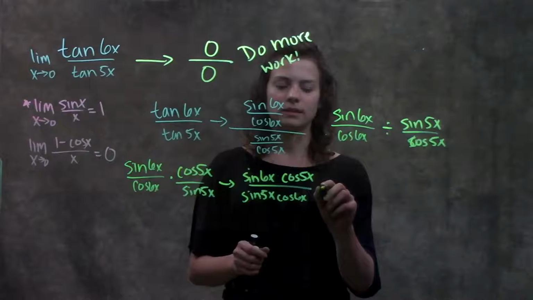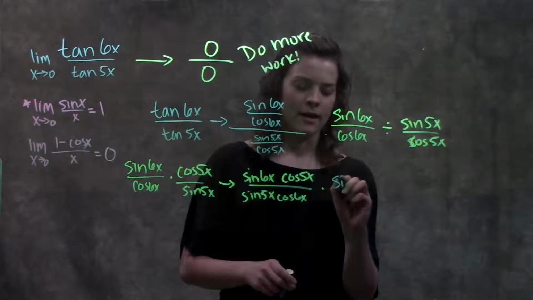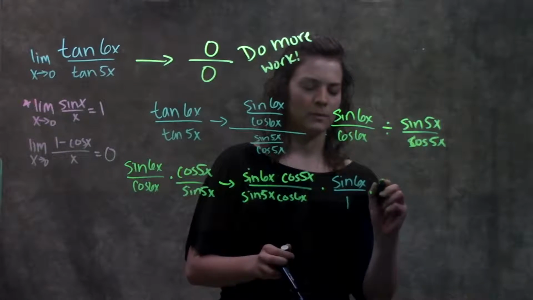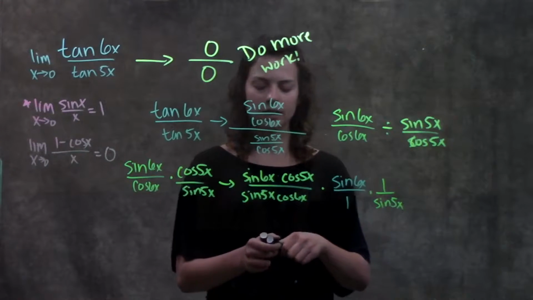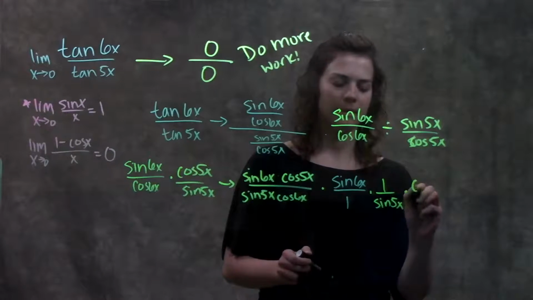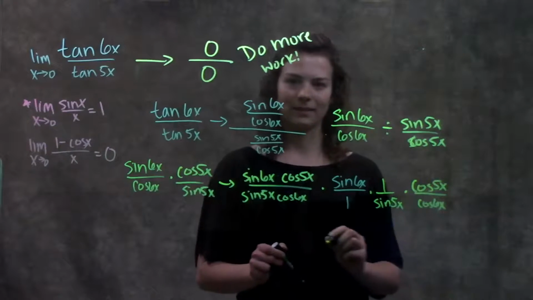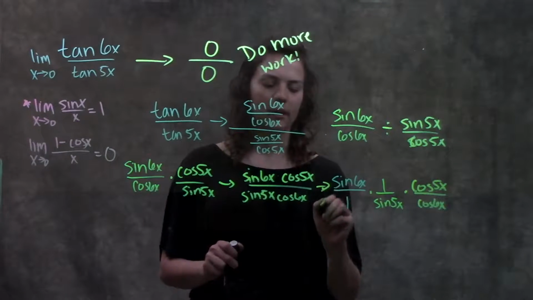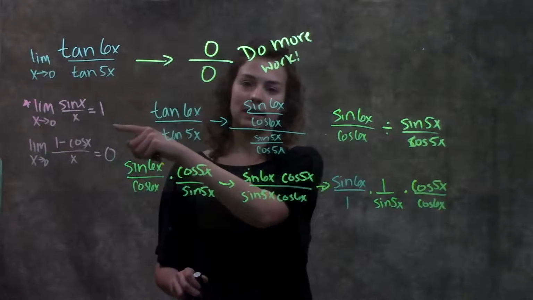Okay, so I'm going to separate this fraction out so it's a little bit easier to see. I have sine 6x over 1 times 1 over sine 5x. And I'm just going to leave my cosines the way they were. Times cosine 5x over cosine 6x. All right, so looking at my sine functions, I need each of these to match my sine identity.